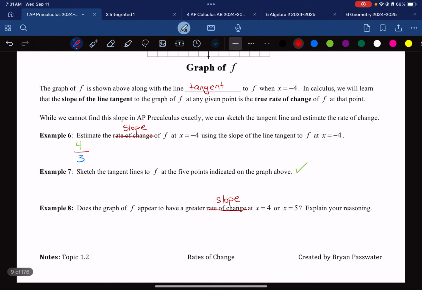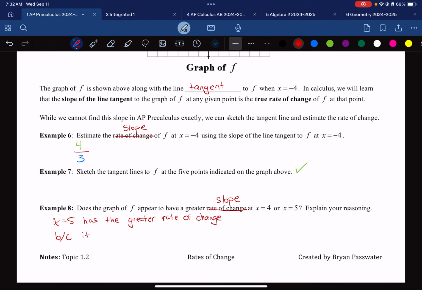So you should say x equals 5 has the greater rate of change. I know you want to say slope, but we have to use the same words that were given to us. Why?